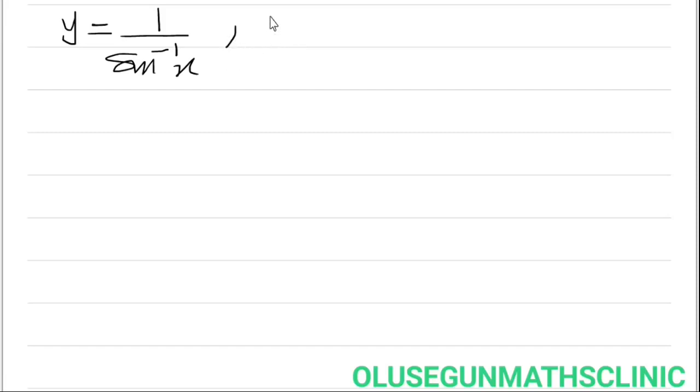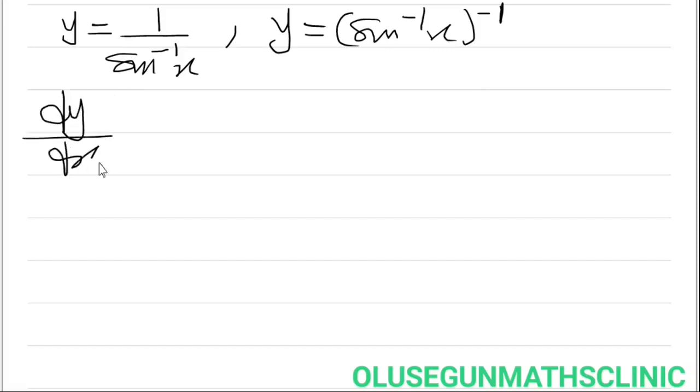You can write y as arc sine x all raised to the power minus 1. If you see this, it has now formed the power rule. And finding dy/dx, the minus 1 will come down, times arc sine x to the power minus 2.